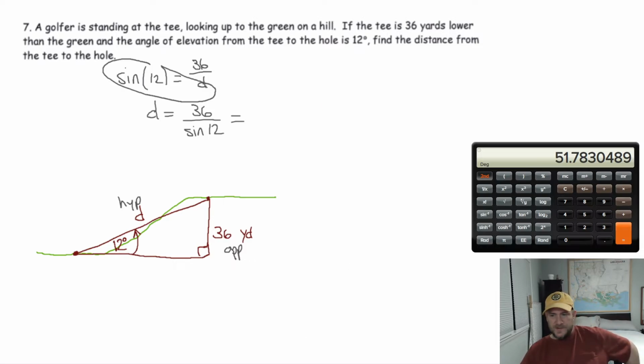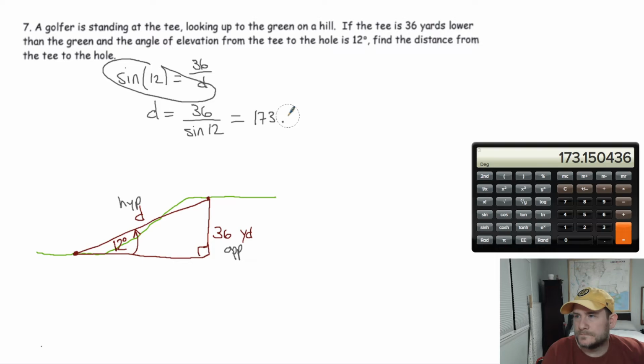And let's go see what that is on our calculator. So we go 36 divided by sine of 12. It equals 173.15. These are yards.